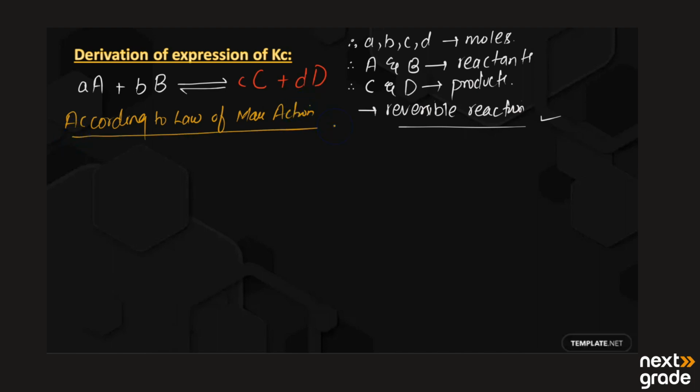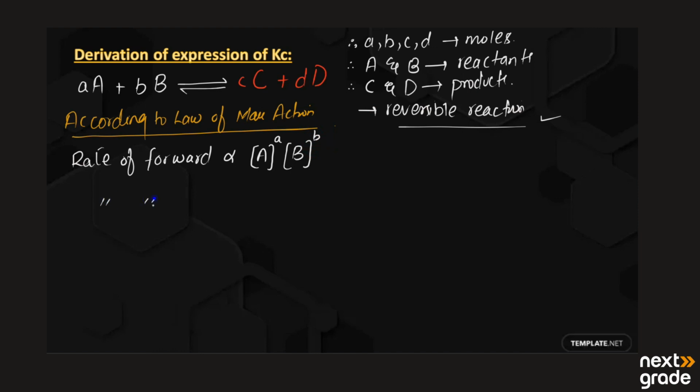According to the law of mass action, the rate of forward reaction is directly proportional to the molar concentration of reactant A raised to the power a, and the molar concentration of B raised to the power b.